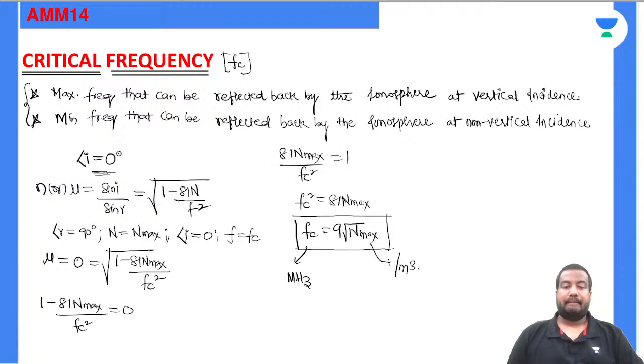Is that clear? So that's the formula for critical frequency. Fc is equal to 9 root n max.